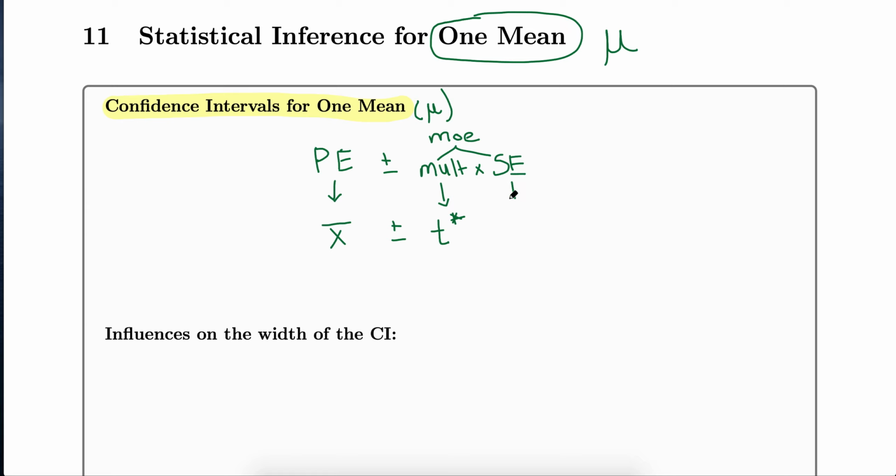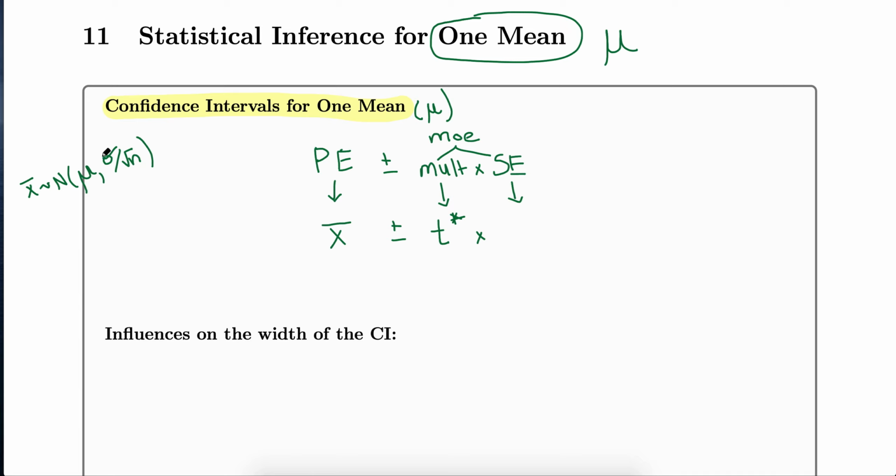And then our standard error, if you remember, let me write this off to this side. For our sampling distribution, we said the sample means are normal, centered at the population mean, and their variability, or standard error, was sigma over the square root of n. So here's our standard error, but we have a slight problem.